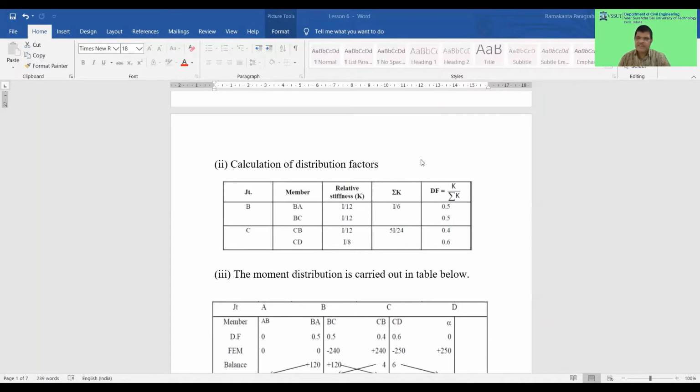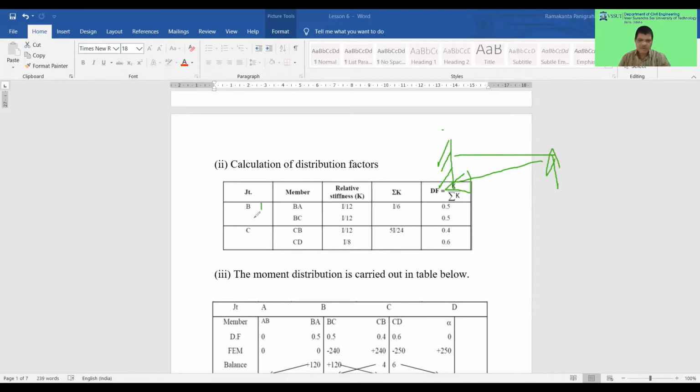What happens generally at a fixed support? A fixed support will take all the moments. Whatever moments are carried over to it will all be taken by the fixed support, and nothing will come from the fixed end to the other supports.